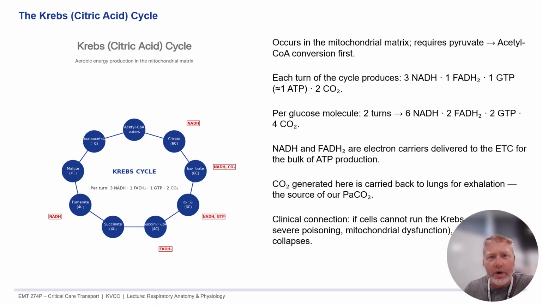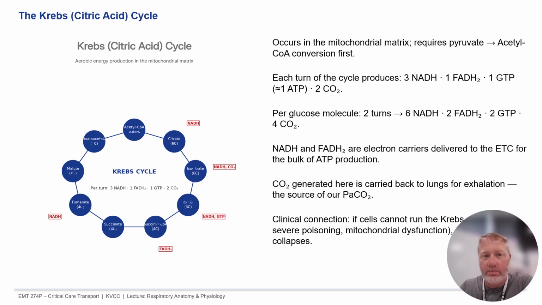Moving on to the Krebs cycle. The Krebs cycle, also called the citric acid cycle, is the central hub of aerobic metabolism, and I want you to understand it in terms of inputs, outputs, and what happens when it stops. Each turn of the cycle starts with that acetyl CoA entering and joining with oxaloacetate to form citrate.